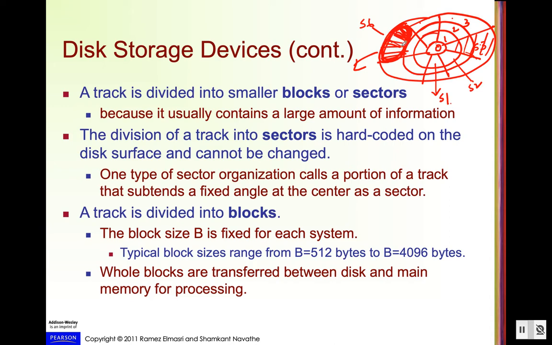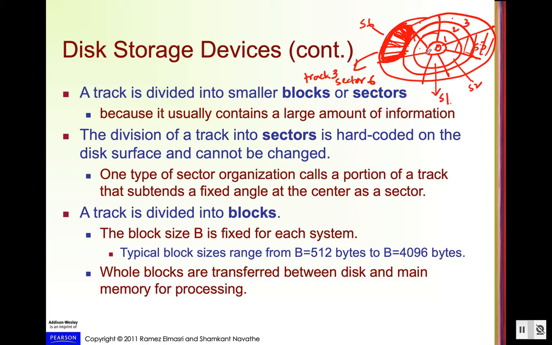Each division or area is identified by an address with a track number: track 3, sector 6. That's how I know this means this area.